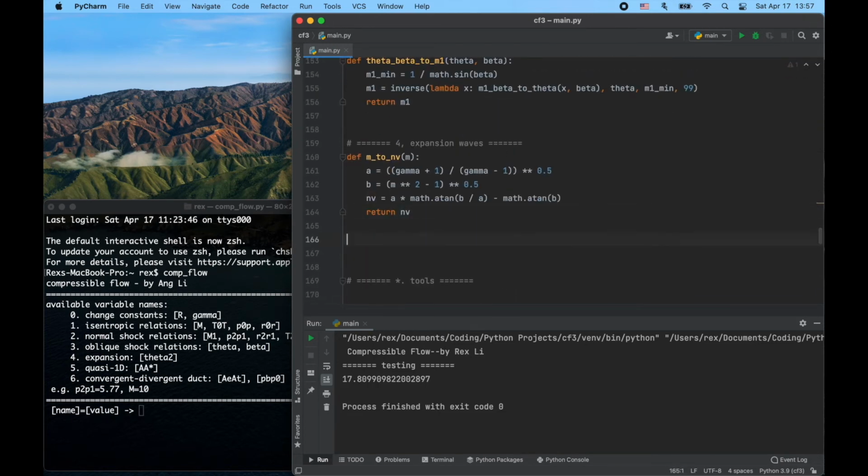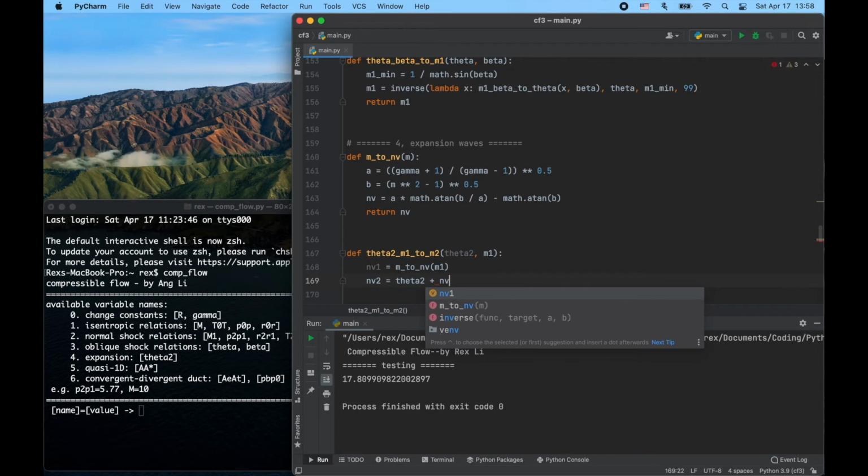Now we have nu. We should be able to find Mach number 2 with that. So the case is that we have theta 2, the expansion angle, and we usually know Mach number 1, and let's find Mach number 2. So theta 2 is given, Mach number 1 is given. Nu 1 is simply this value, and nu 2 is theta 2 plus nu 1.